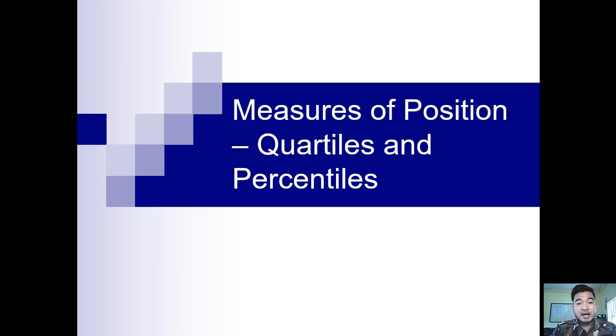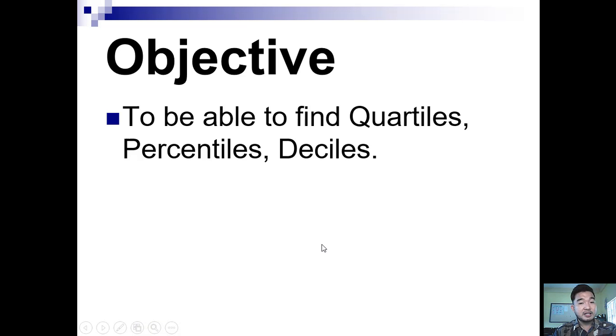Here, we have the measures of position. We have quartiles, percentiles, and deciles. So, this is the third, a different way of measuring in statistics.